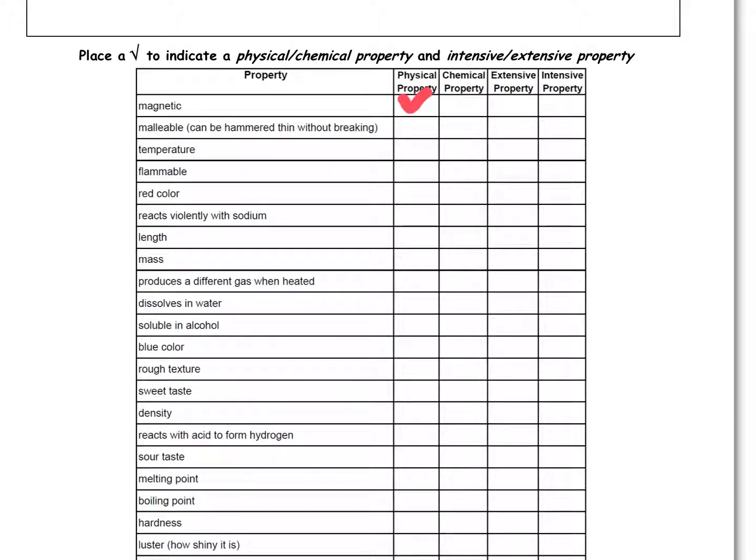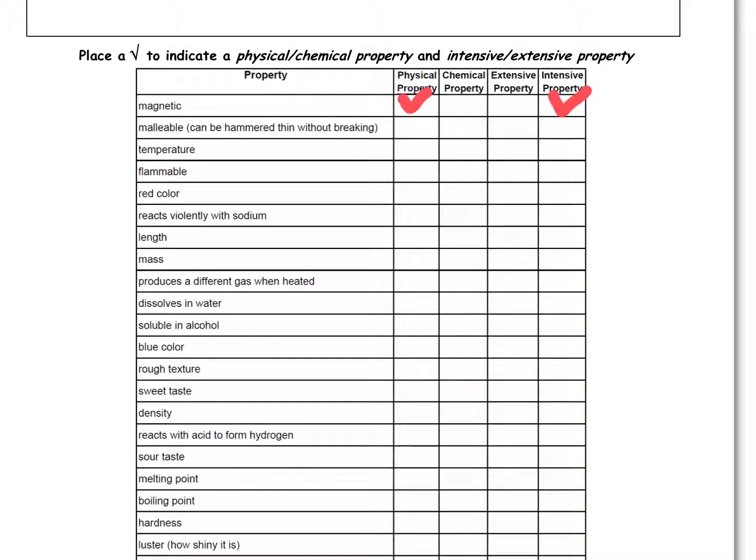So we'll put a check here. And because it is physical, we need to identify, is it extensive or intensive? So is a property always magnetic, or is it only magnetic in a certain quantity? If something is magnetic, it's always magnetic, therefore it is intensive.